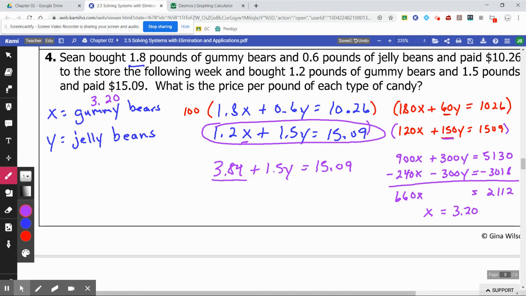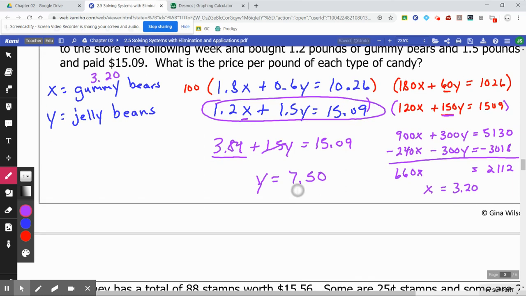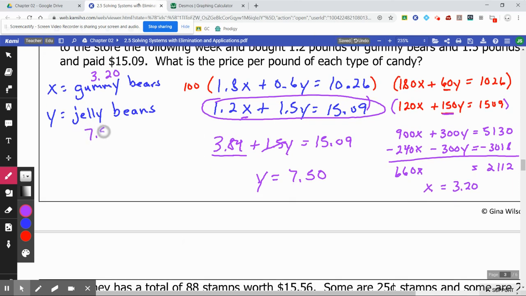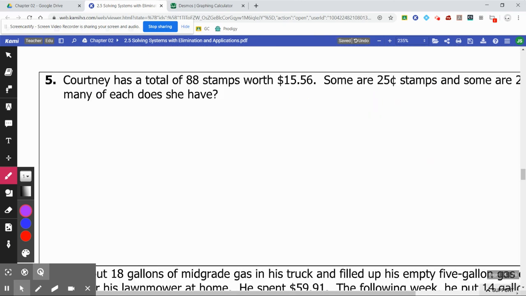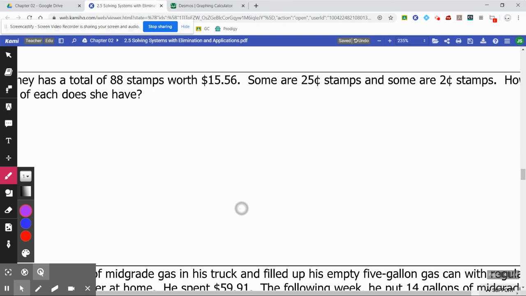Let's subtract the 3.84, divide by 1.5, and you'll find out that y then has a value of 7.5, and add your 0 on the end to make it a dollar amount. So jelly beans are $7.50. Gummy bears are $3.20.